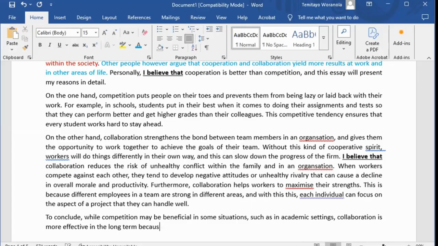Let me cut that sentence: is more effective in the long term.